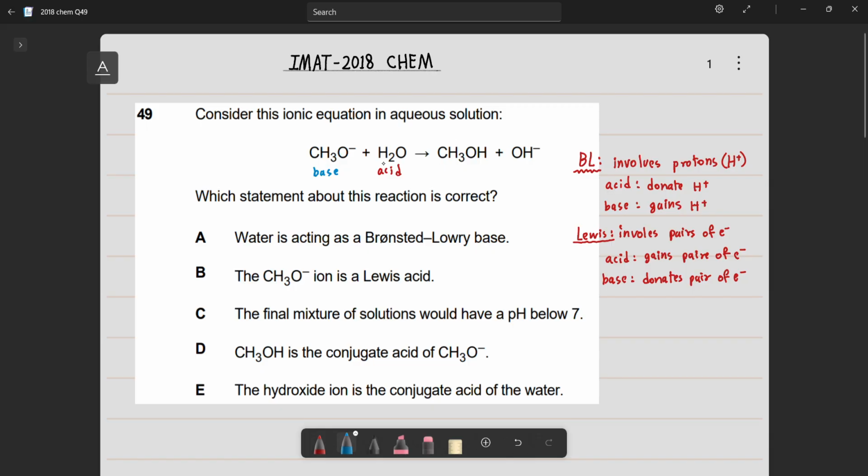It gets protonated from water to form methanol. This methanol acts as the conjugate acid, and the hydroxide ion acts as the conjugate base.